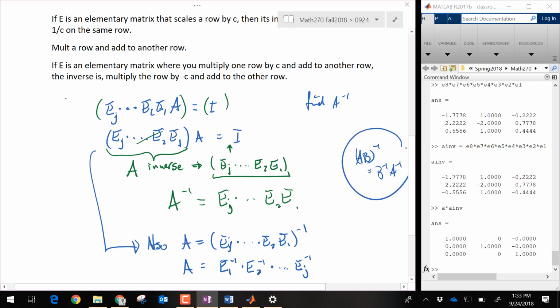So this little rule will help us with a string of elementary matrices. The inverse of a product is the product of the inverses in reverse order.